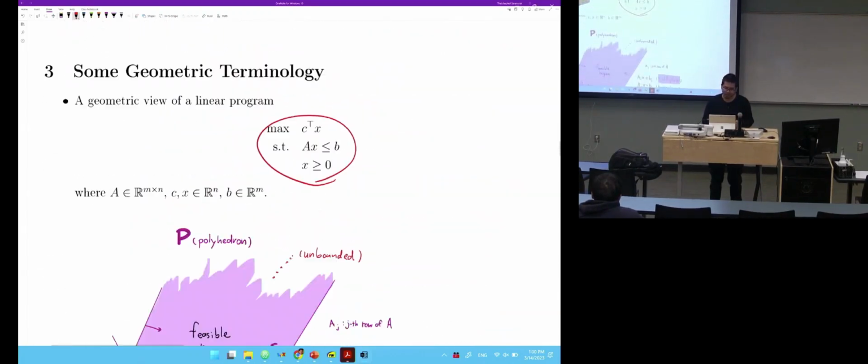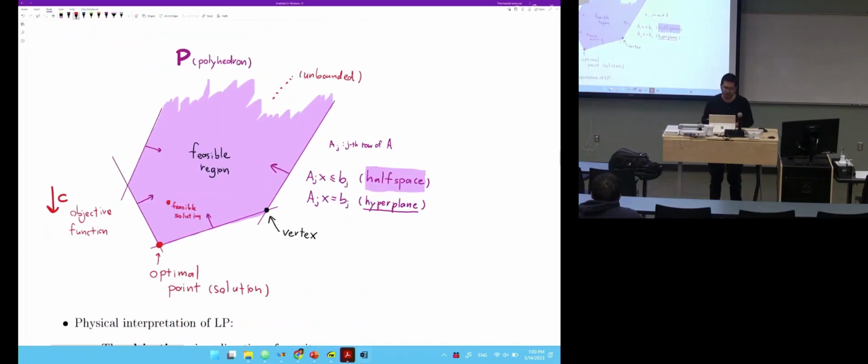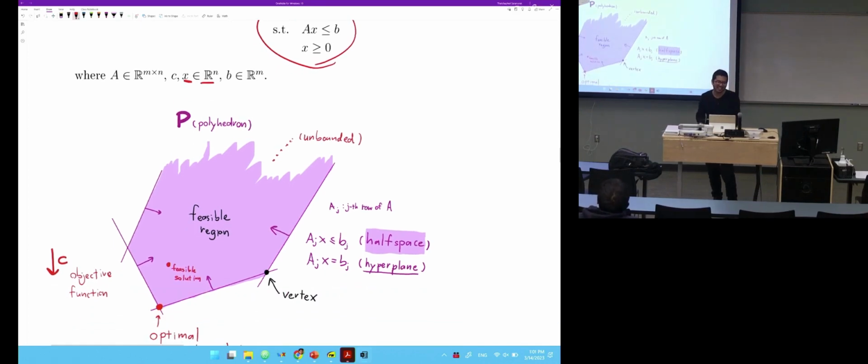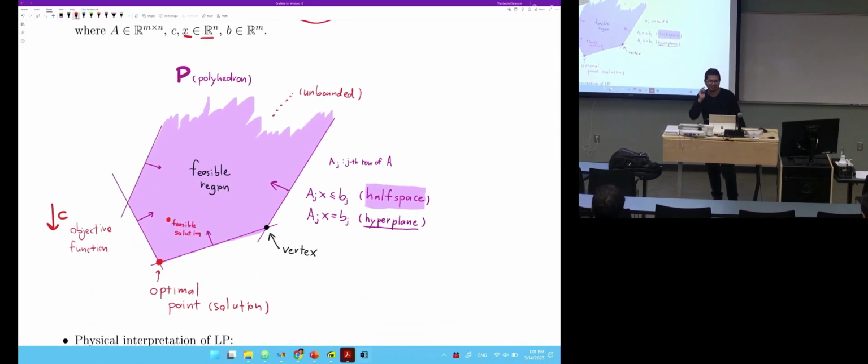In general, you can have a geometric interpretation of any linear program, but it's going to be more than 2 dimensions. So if x here is a solution of size n, the picture that you should have in mind is some n-dimensional picture, but we're just going to draw something in 2D because that's how physics works, I guess.